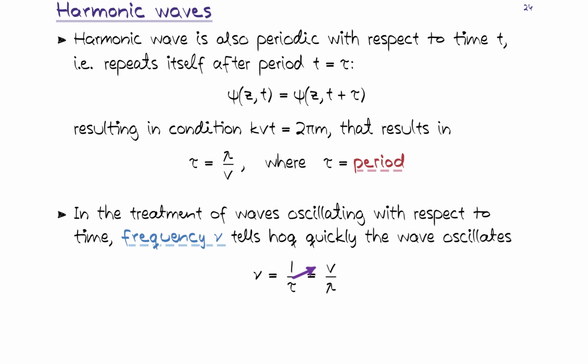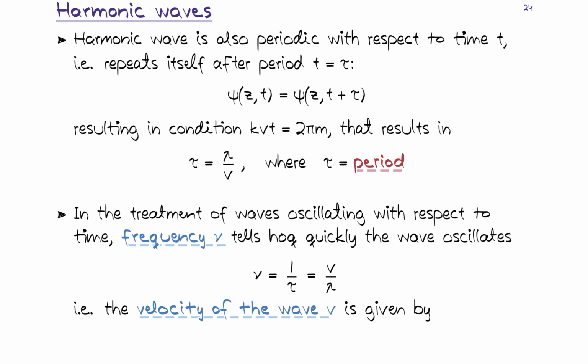Sorry about the typo, it should be v over lambda here. I'll fix that in the actual notes. So the velocity of the wave v is simply given by the wavelength of the wave times nu, the frequency of the wave. This is what we get from this derivation.